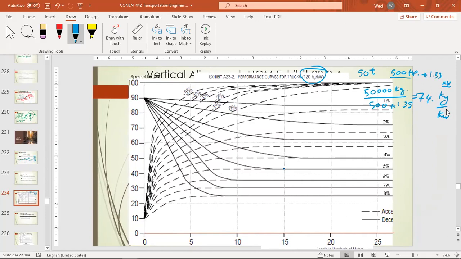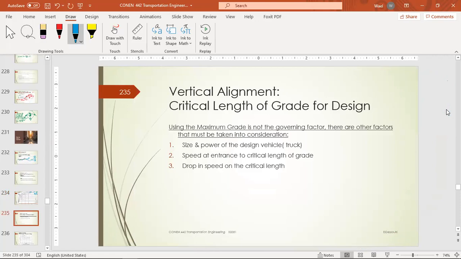We had an example last week on how to use these charts, and we will use it extensively later. So for the vertical alignment, the critical length of grade for design, using the maximum grade, is not the governing factor, but basically the length of the grade also.